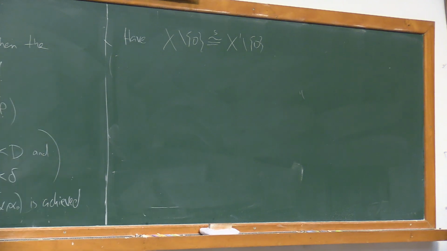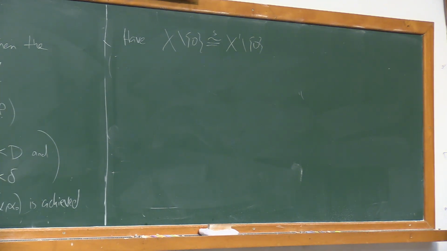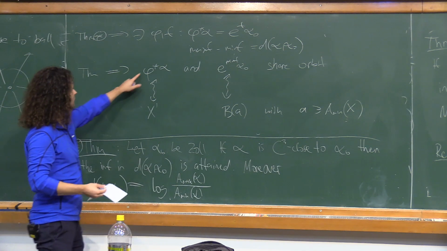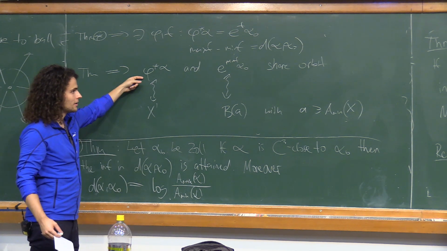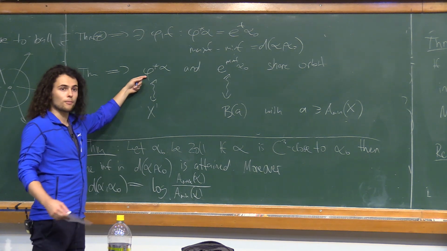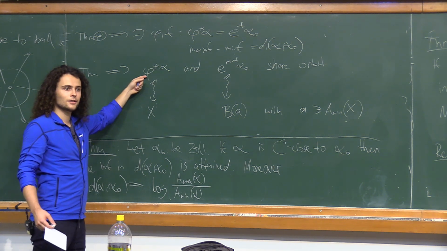The x was corresponding to the alpha, and the x prime was corresponding to phi pullback of alpha. I can lift it to a symplectomorphism of the symplectization, so it lifts to a symplectomorphism of the complement of the origin.